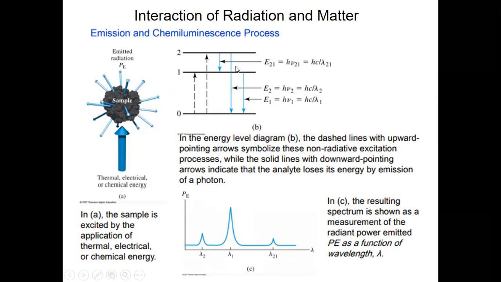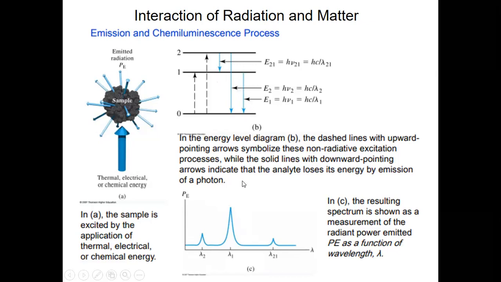When the relaxation happens, you can see in figure C that for lambda 1 the intensity is highest. Lambda 1 is the transition from the first excited state to the ground state, this one.